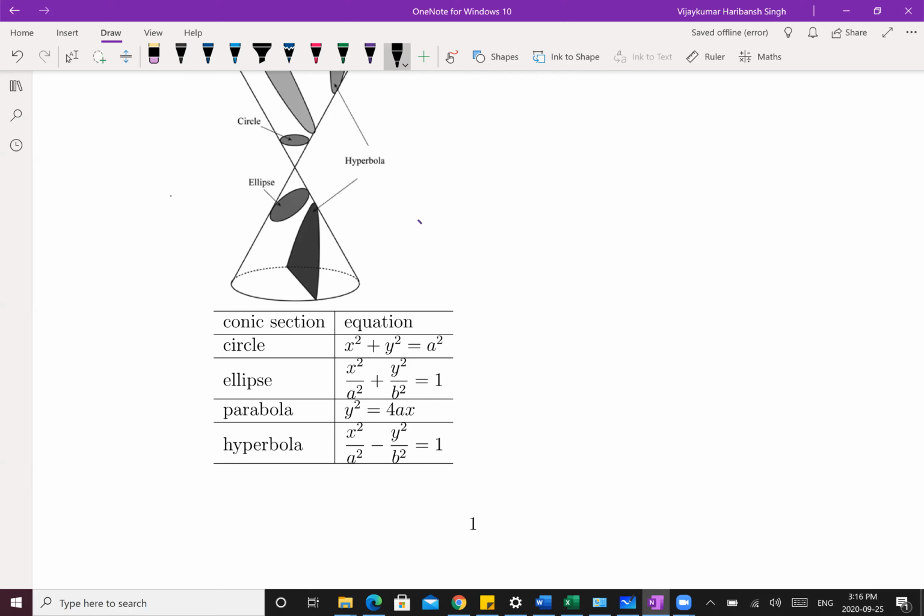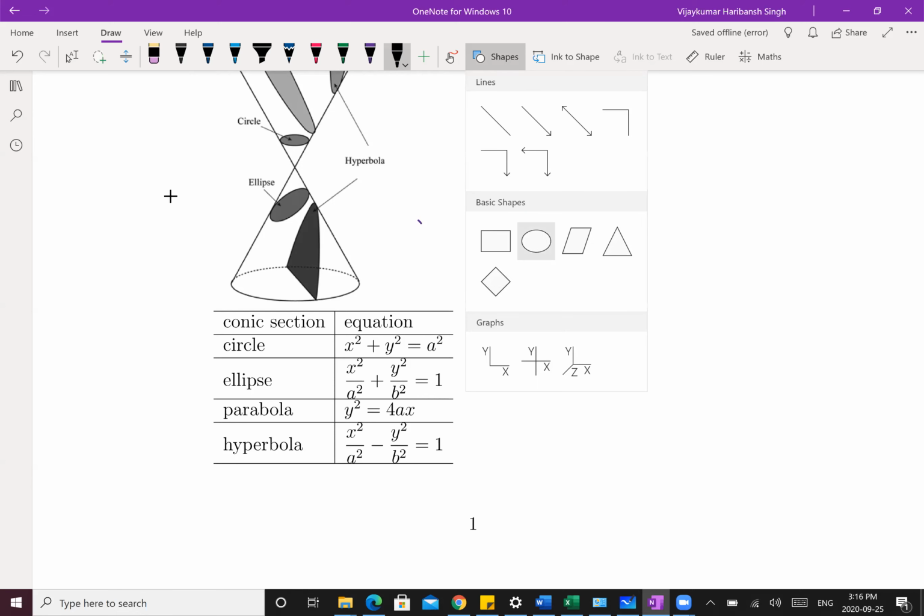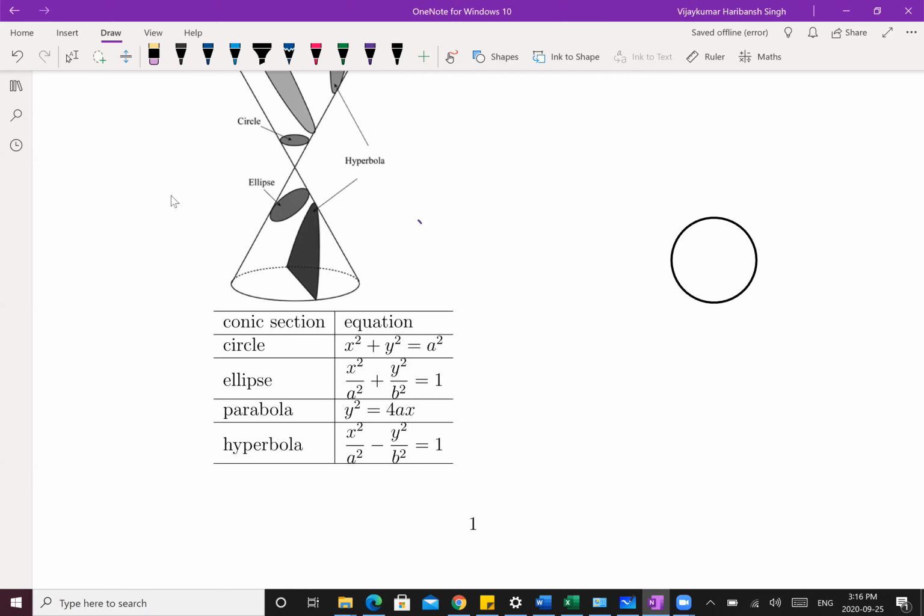It's usually given by x squared plus y squared equals a squared, and that represents a circle of radius a. So this part is going to be a. So this is a circle.